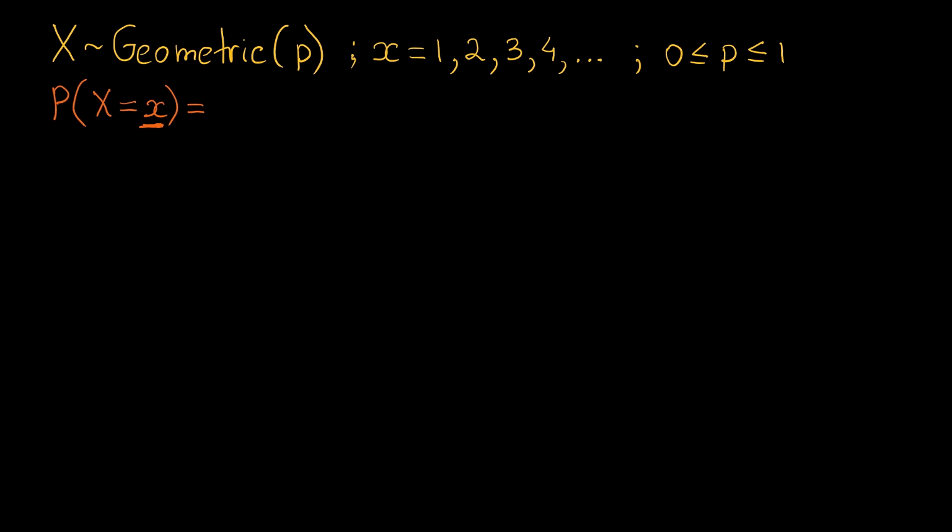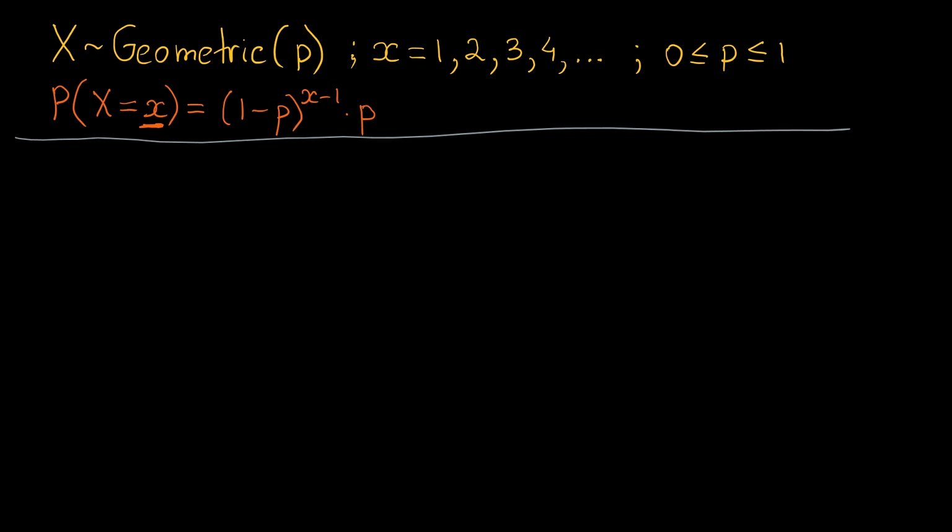How many preceding tosses are we talking about? x minus 1, and with the probability of heads being 1 minus p, there will need to be x minus 1 of these. And because they're all independent trials, we can multiply these probabilities, and then we'll get tails on the xth toss. So we need a p here raised to the power of 1, but I don't need to write that power of 1. So this is the PMF of the geometric random variable.